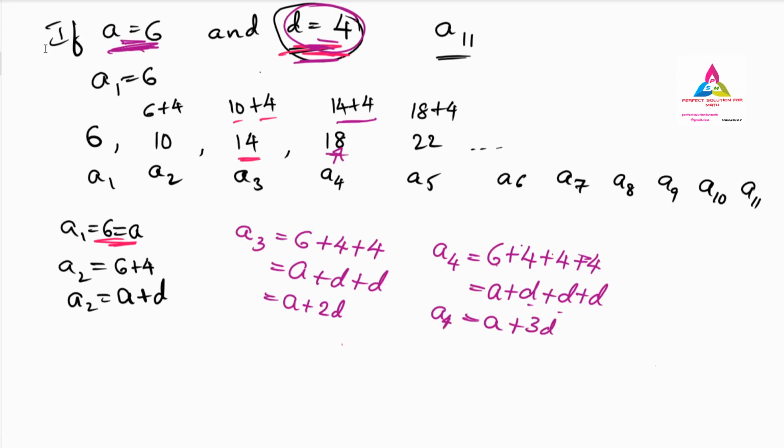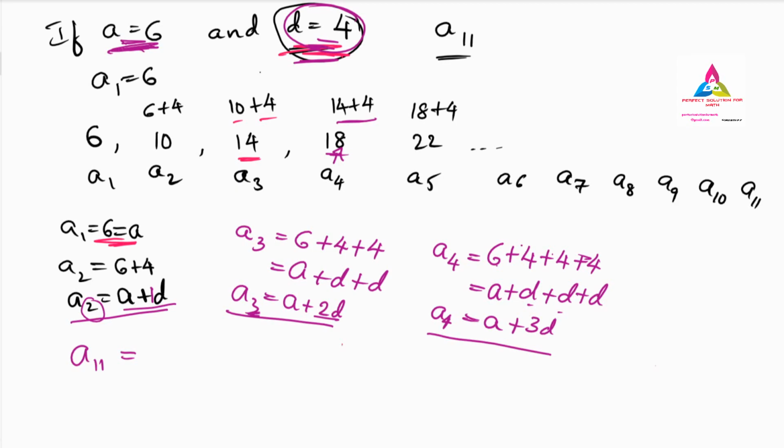By this we can say that if you want to find any term, for example the 6th term, 8th term, 11th term, and so on. For example in this question they have told you to find the 11th term. By referring to what we have done previously, we can derive that. So a2 refers to a plus 1d, a3 refers to a plus 2d, a4 refers to a plus 3d.